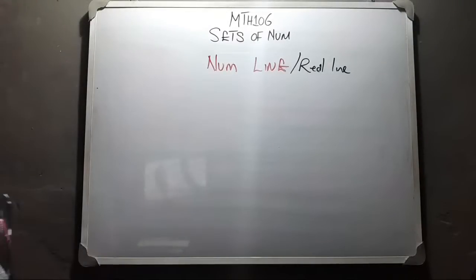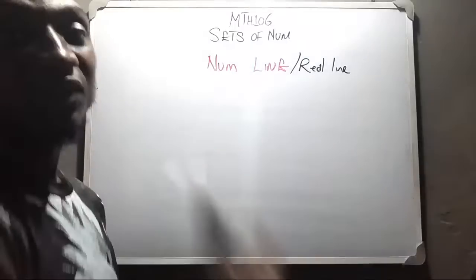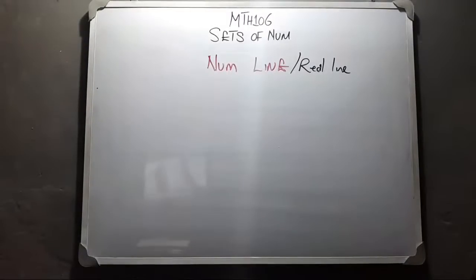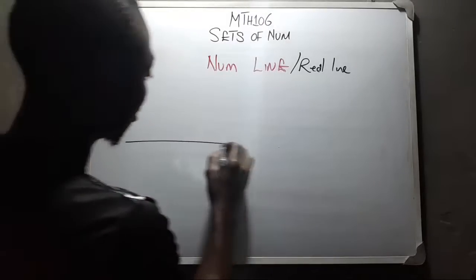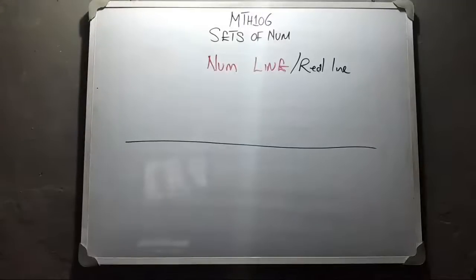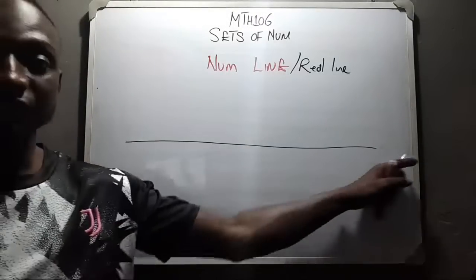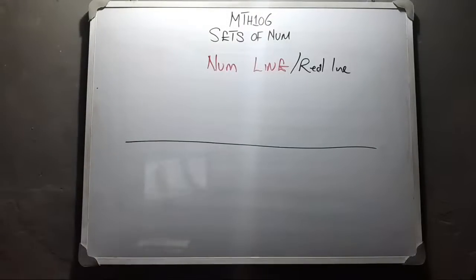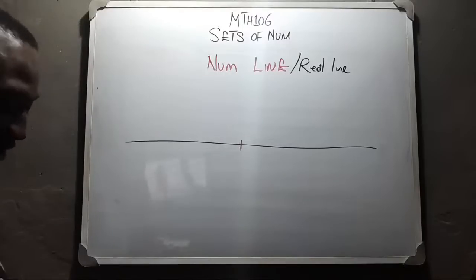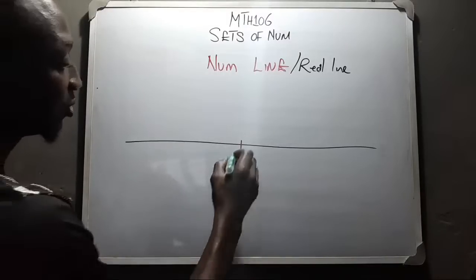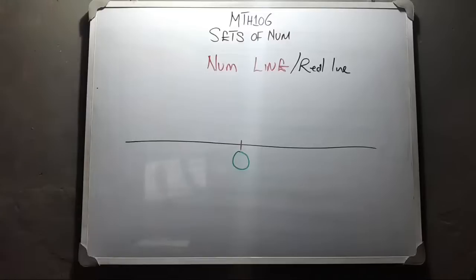For some of us who have been wondering what exactly we are talking about, I'm going to sketch what it looks like on the board. So this is the number line. This is the line, and something is at the middle, at the center, and we refer to that as 0, neither positive nor negative.